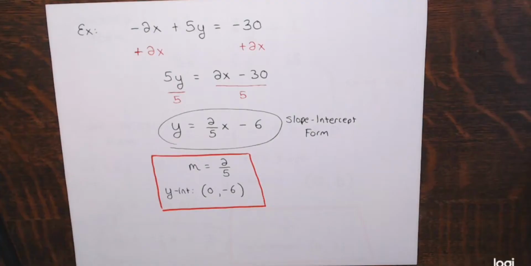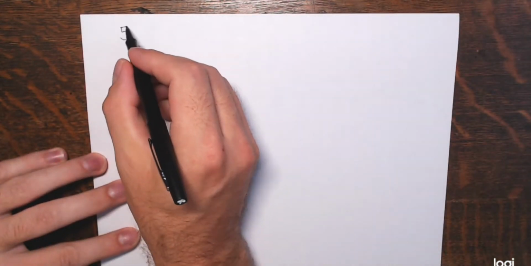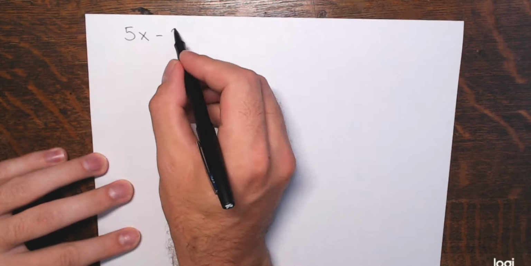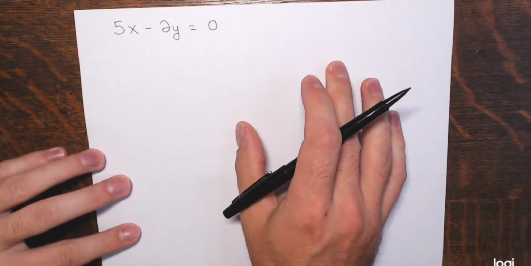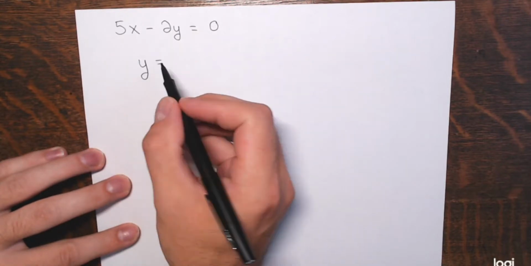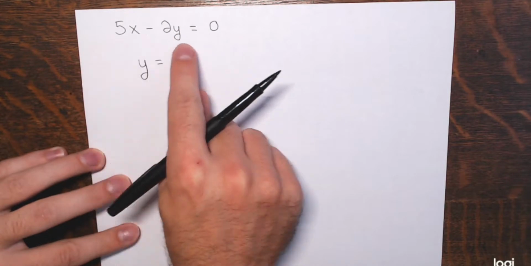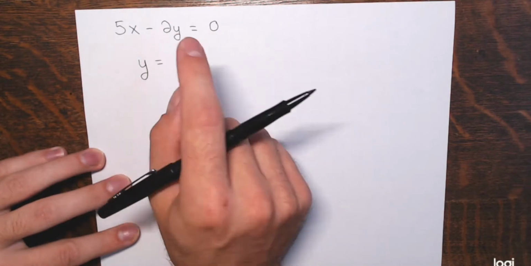Alright, so the first one I'll do by hand. And so the first equation we're given here, 5x minus 2y equals 0. Alright, now if I were to solve for y here, I'm going to kind of skip ahead, I would subtract 5x, giving me negative 5x on the right side, and then dividing by negative 2.